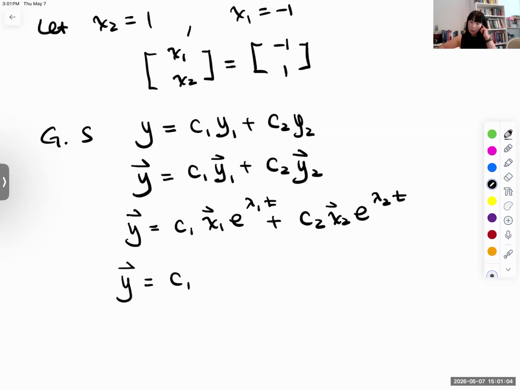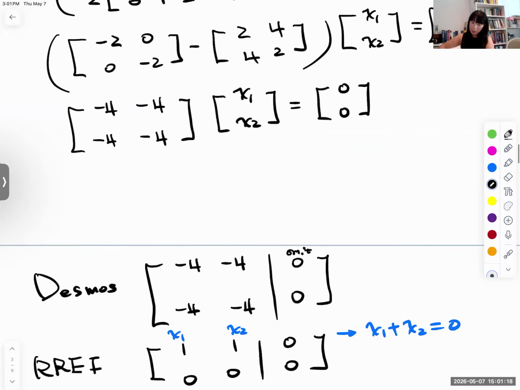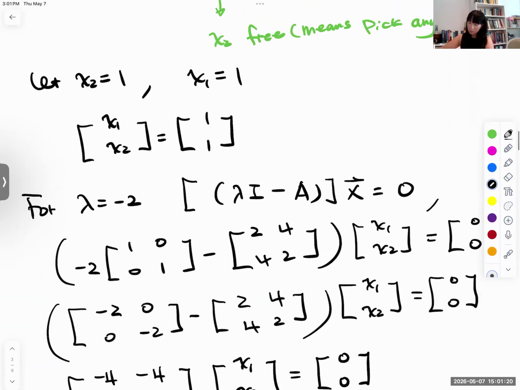And x sub 1, we had the first one, with lambda equal to 6, t. What's the eigenvector in that case? There will be 1, 1. Yeah, so let me copy that. I am recording, right? Okay.